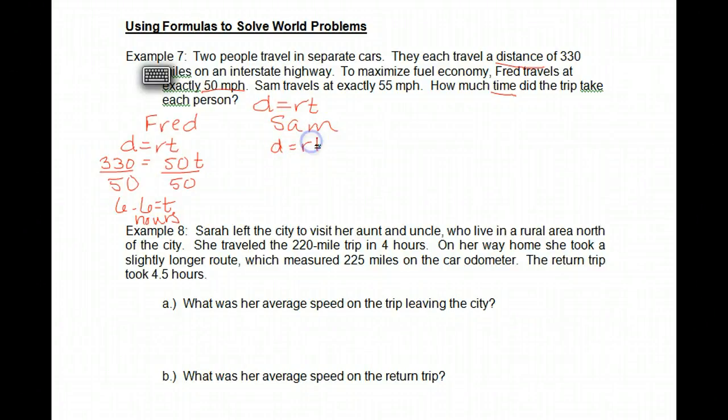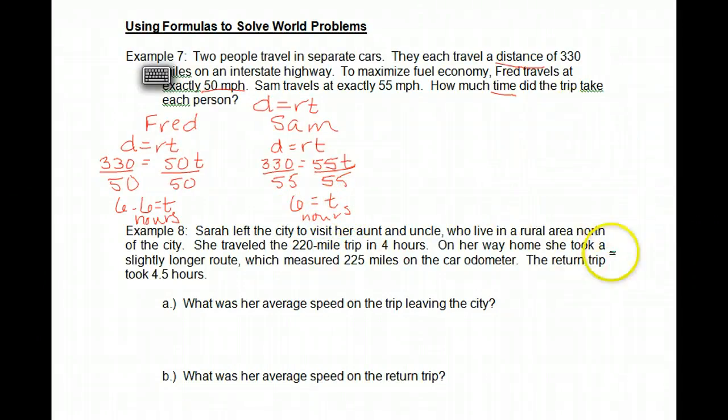We have d equals rt. He drove the same distance, 330 miles, but he drove 55 miles per hour. So we'll divide both sides by 55. 330 divided by 55 gives us 6 hours.